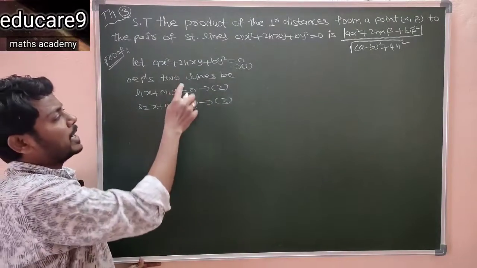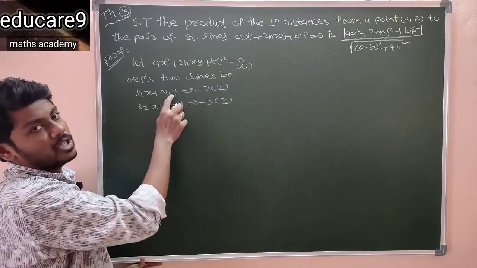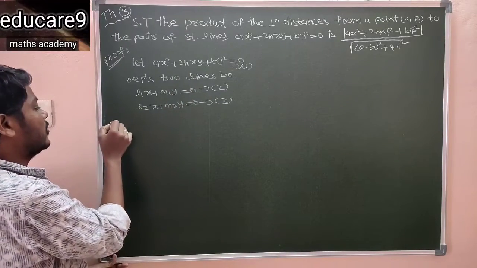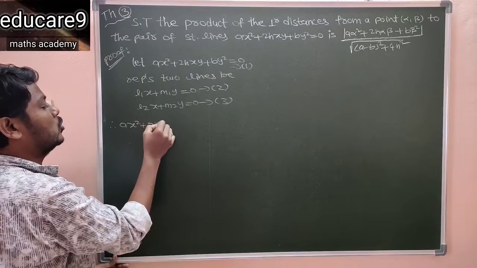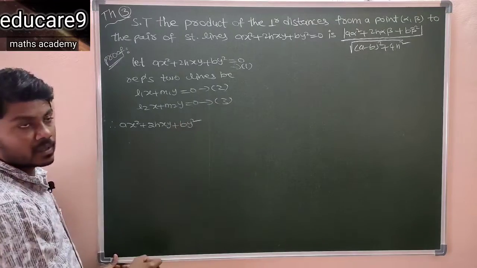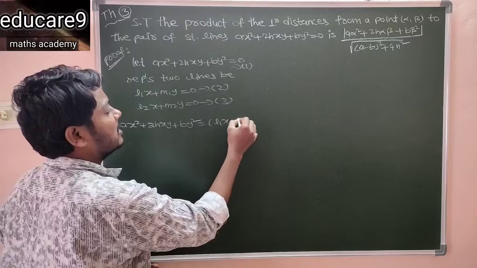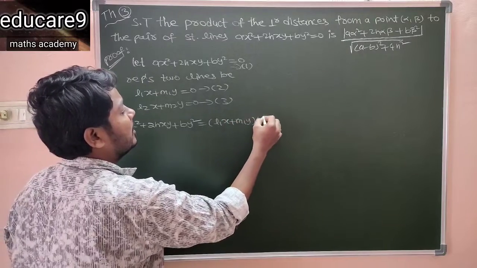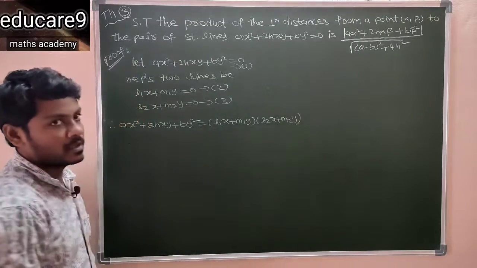So clearly it represents these two equations, and it can be written as the product of these two lines. Therefore ax square plus 2hxy plus by square equals (L1x plus M1y) into (L2x plus M2y).